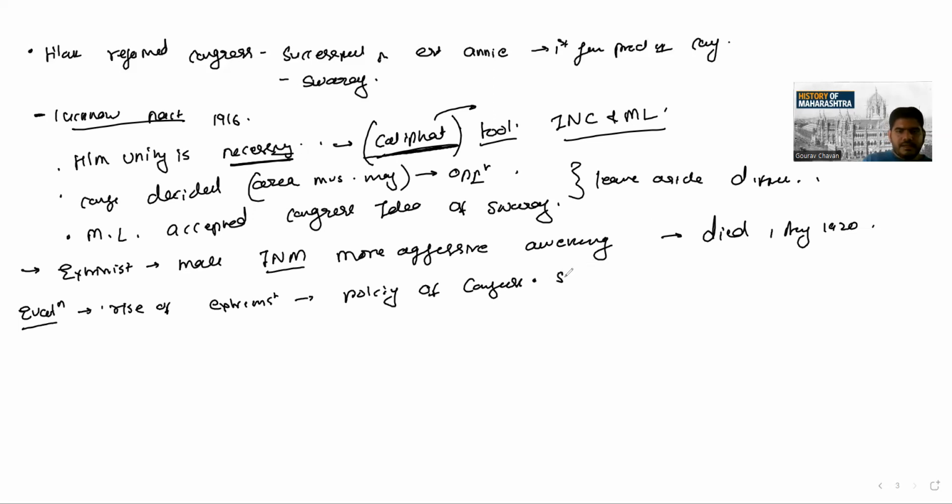Congress also believed that Swaraj can never be attained at moderate speed; if we go with moderate speed, we will never be able to attain Swaraj.